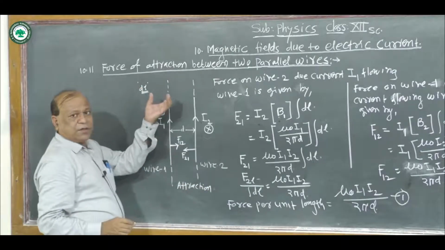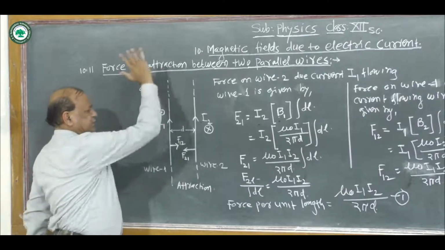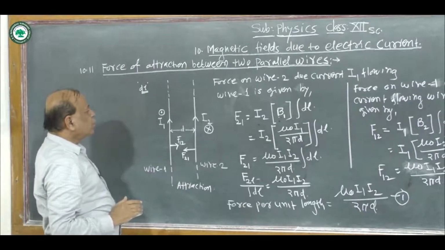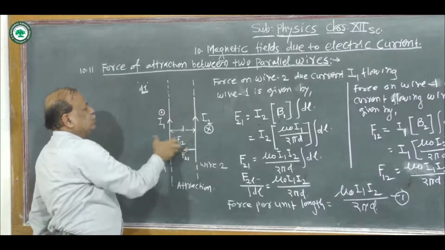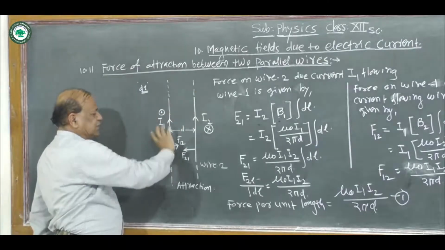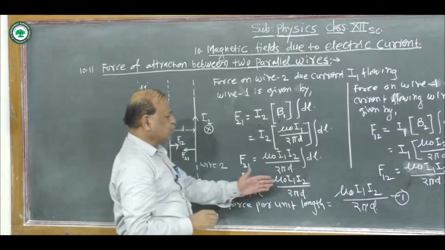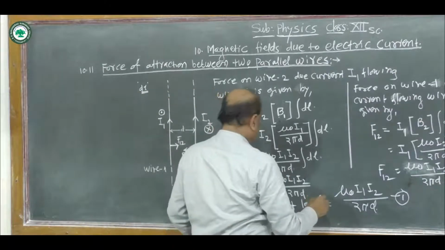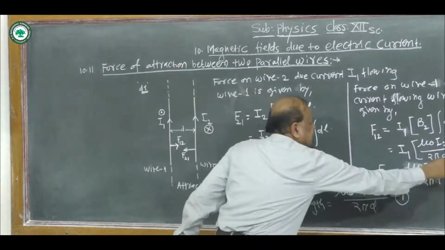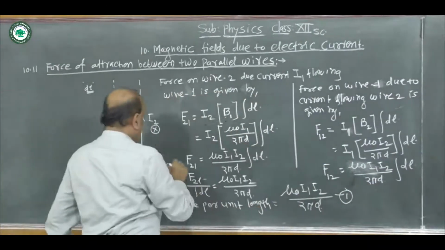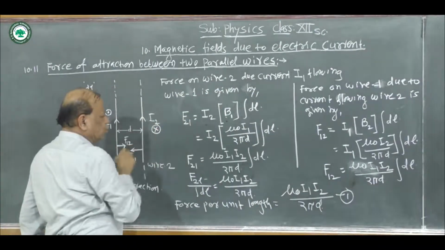When two parallel currents are moving through two parallel conducting wires, there is a force of attraction, and the force per unit length is the same in these two wires.